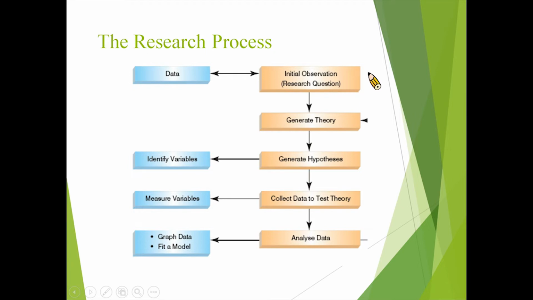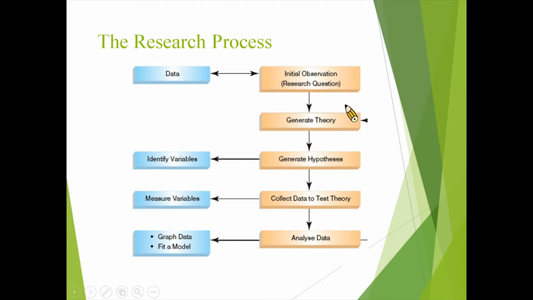Before your research, you need to come out with a research question, and this is the initial operation. Also you need to search the internet, like use Google Scholar, and search journal articles, theses, and general theory. And also the hypothesis.